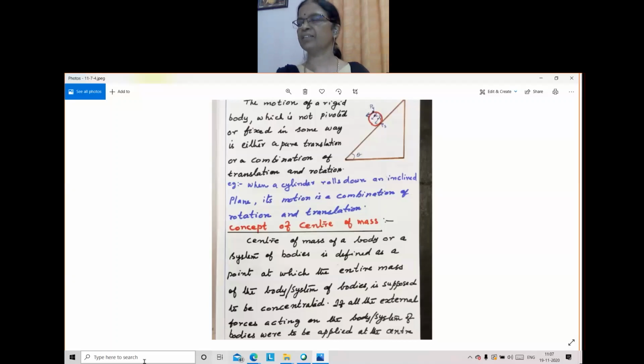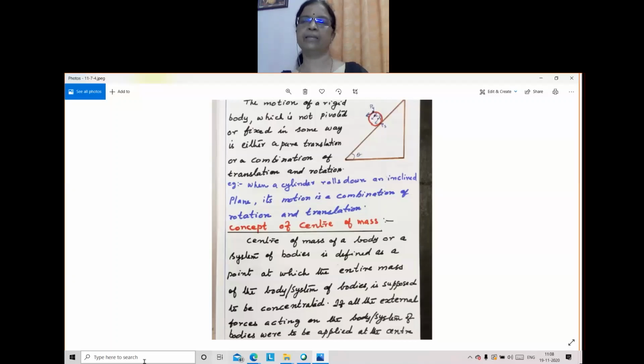So like that, you can balance it at a particular point, and that point is considered as center of mass. So balancing a book with a pencil or your fingertip, you are knowing about that, and that is actually the center of mass.